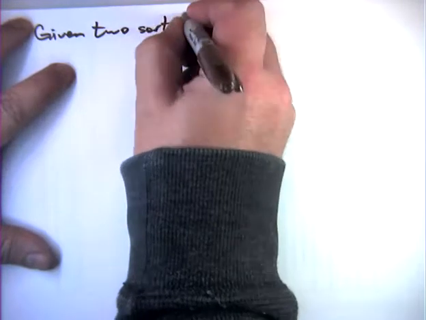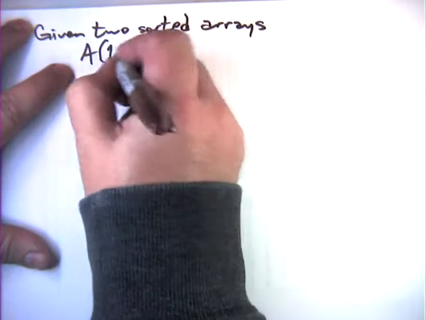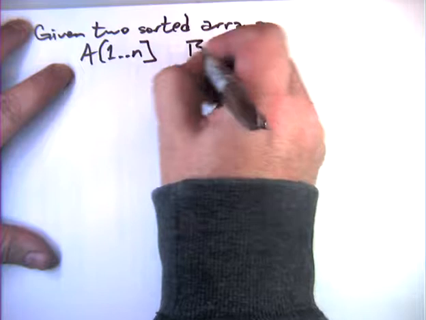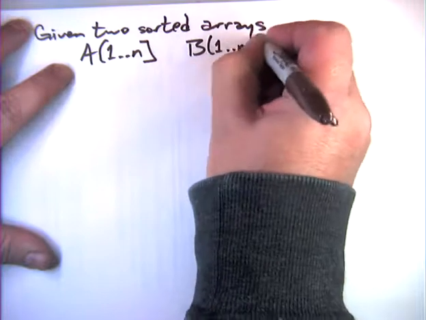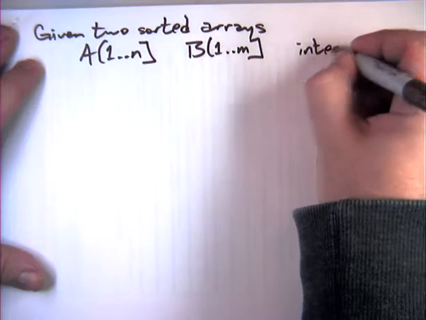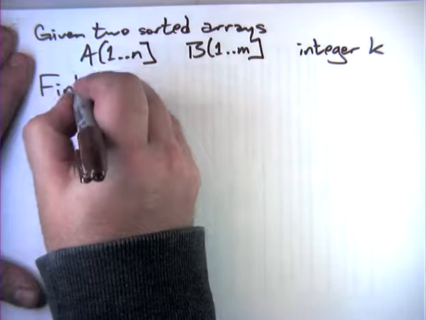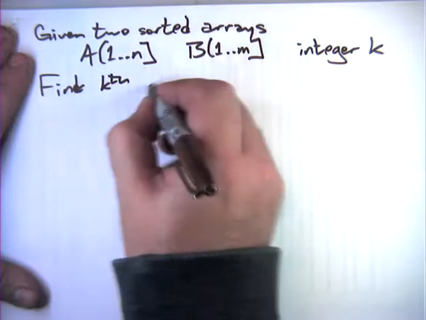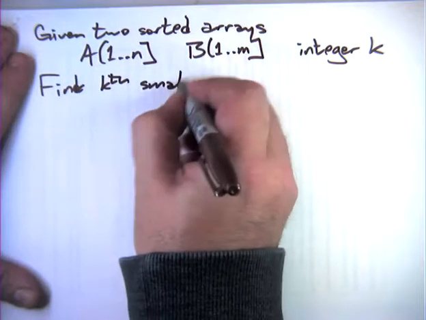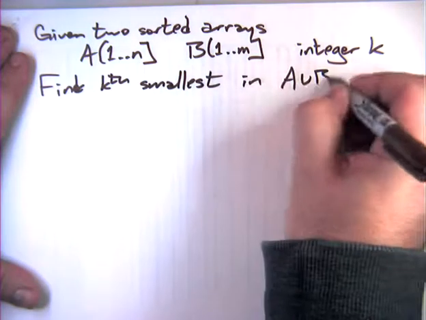One has m elements, the other has n. Okay. And then it's an integer k. And you want to find the kth smallest element in the union? Yeah. Is that right? Okay.